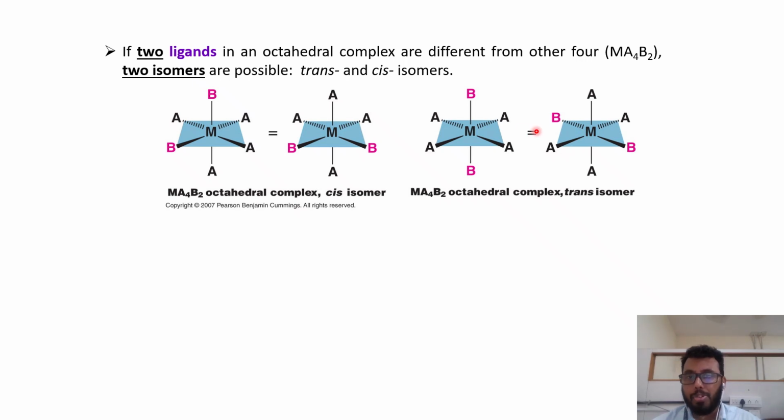This is equivalent to, instead of having one B atom above and below the plane, you can also have the B atoms opposite to each other, that is toward the viewer and away from the viewer. When you have these two B atoms in this same square planar shape, at the vertices of the square planar, you can have this type of isomer. Here, one is facing toward the viewer and the other B atom is facing away from the viewer. So it is a trans type.